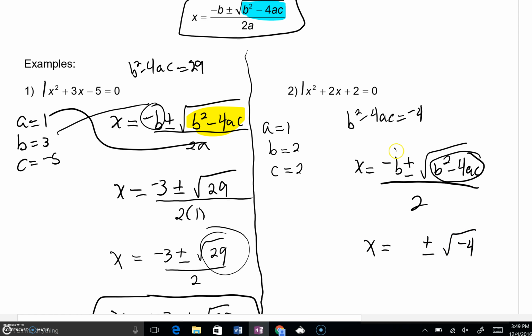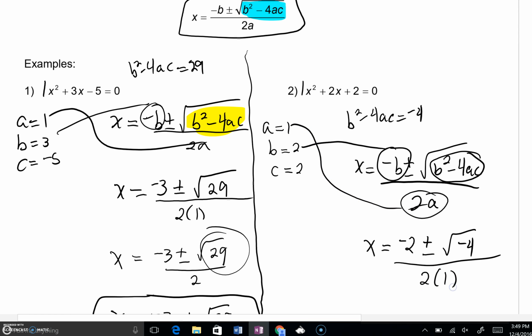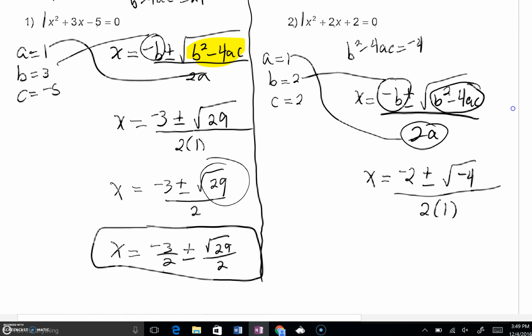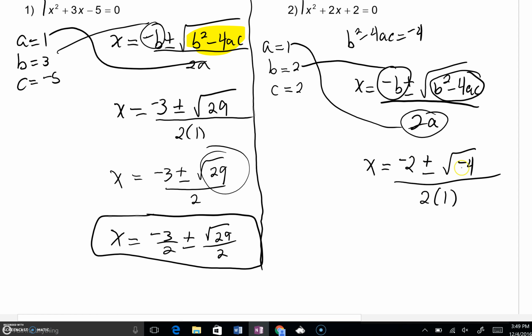Outside, if this is opposite b, we're going to have a -2 out in front. Down below we have 2a, so that's going to be 2 times just a 1. So our answer is going to have to be broken down. -2 plus or minus, well, remember what we've been doing.